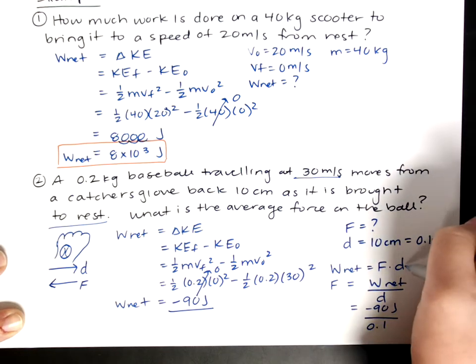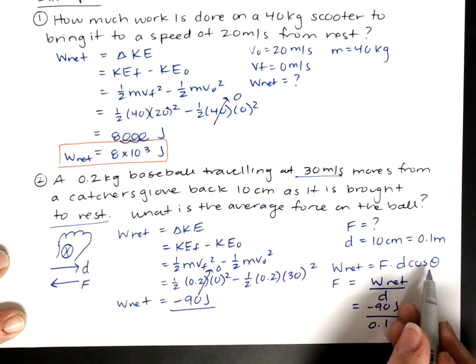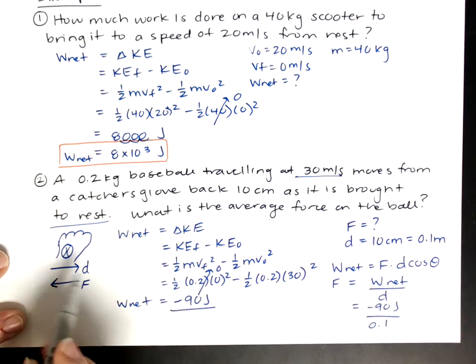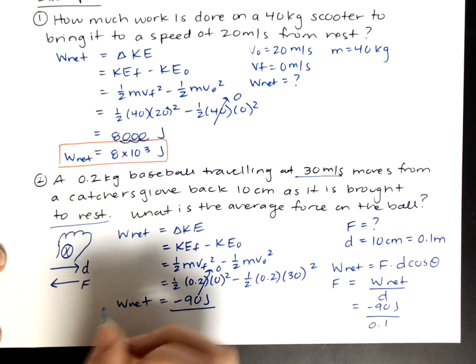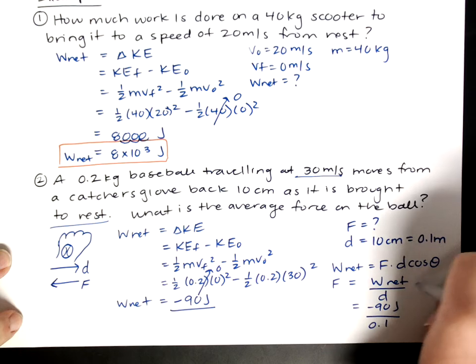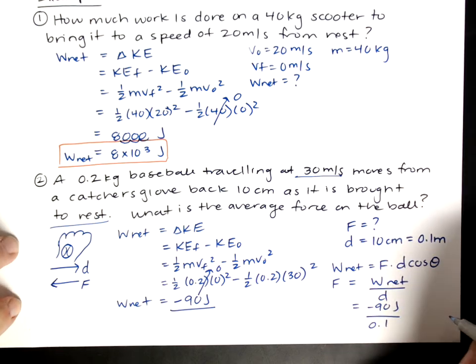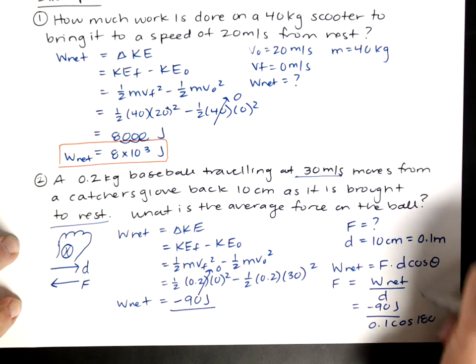Actually, we do want to make sure that we say F d cosine theta. In this case, our theta is 180 degrees, since they're not going in the same exact direction; the force is 180 degrees different from the displacement. So we want to write cos 180.